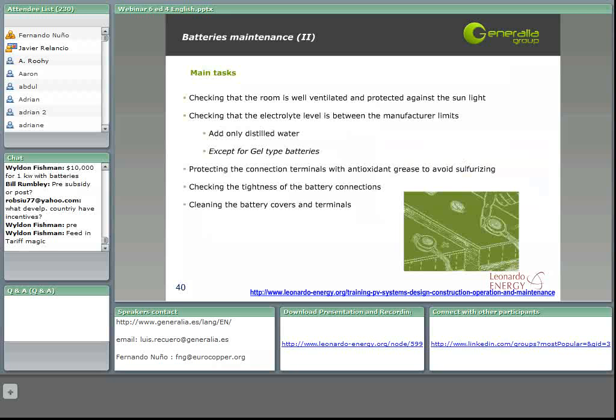This is the most important thing to do in order to preserve the batteries in the best state. And we have to protect the connection terminals with antioxidant grease in order to avoid sulfation because of the acid and gases produced. And finally, we have to check the tightness of the battery connections and cover the terminals.